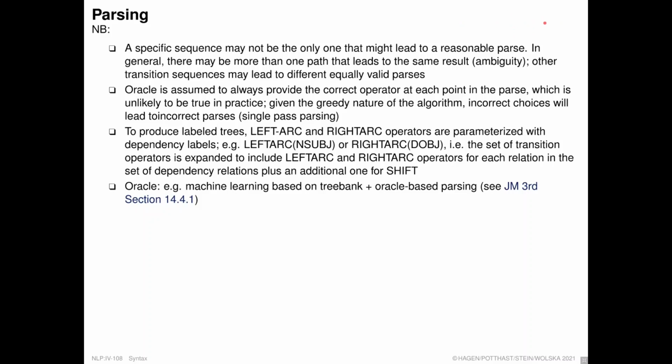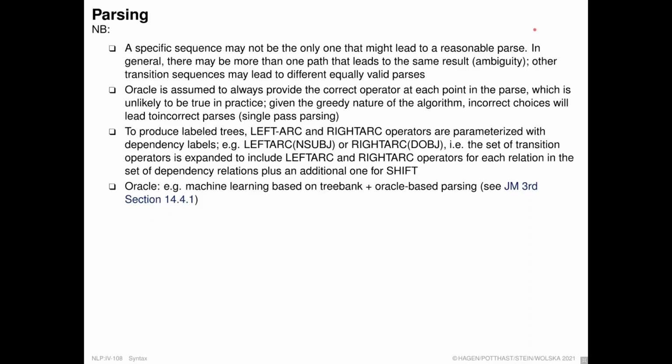So, what are the problems with this approach? Of course, the first problem is that there is only a single pass. So once we've made a decision about the transitions, about the actions, that's it.